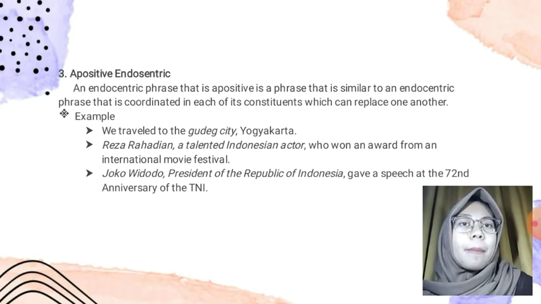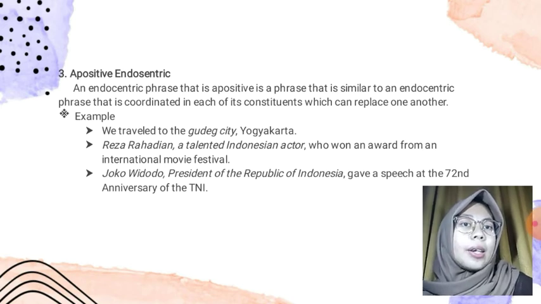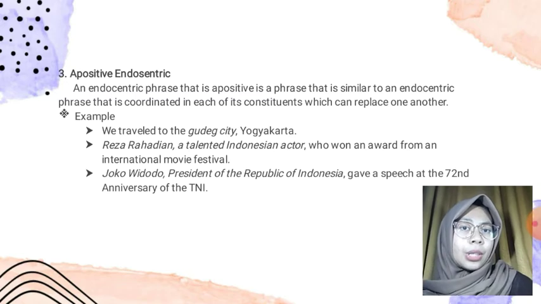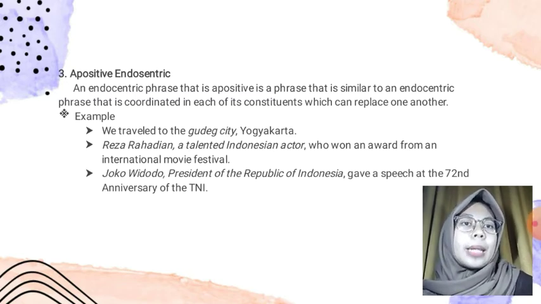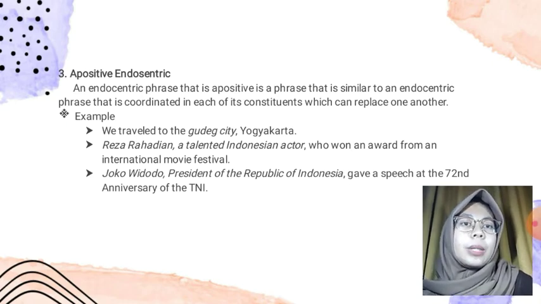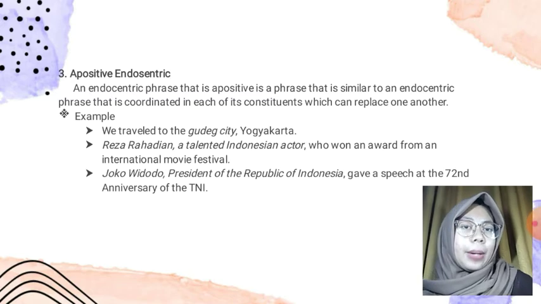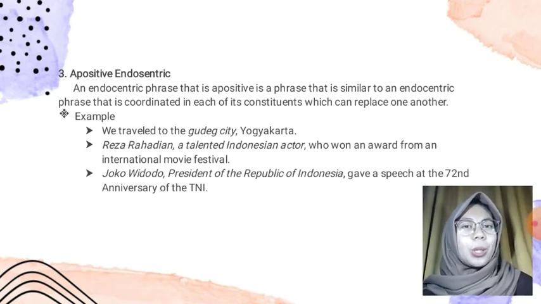So the appositive endocentric is Reza Rahadian, a talented Indonesian actor. The last one is: Joko Widodo, President of the Republic of Indonesia, gave a speech at the 72nd anniversary of the TNI. Okay, now we are going to the next material.